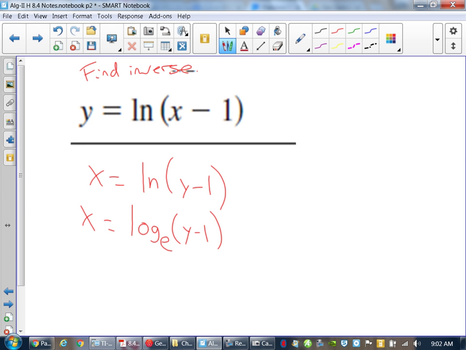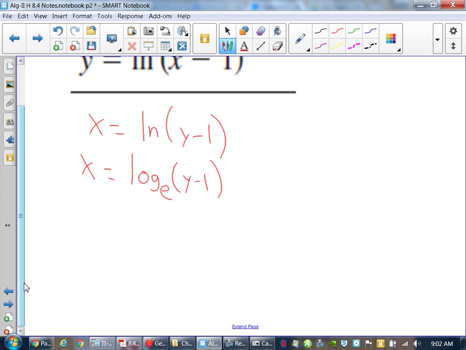Now, in the back of my mind, if I needed to undo this base, I'd have to exponentiate it. What would I have to make a base in front of the log to undo it? E. I'd have to e both sides.